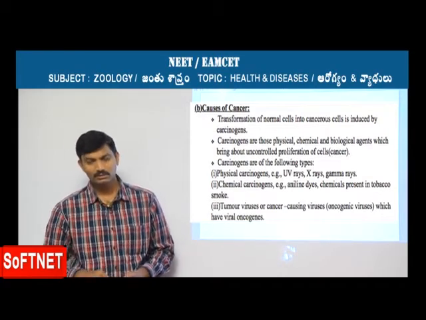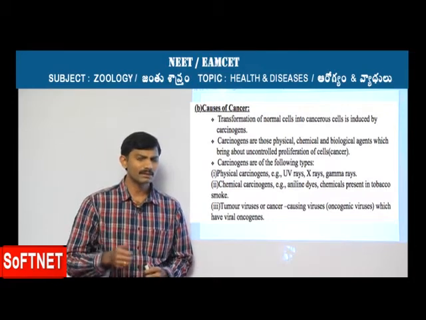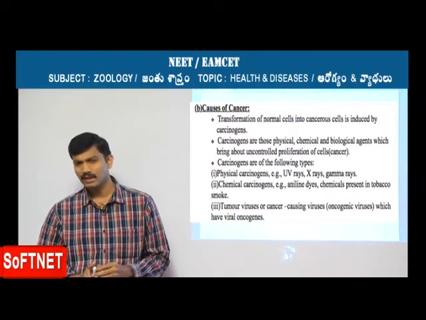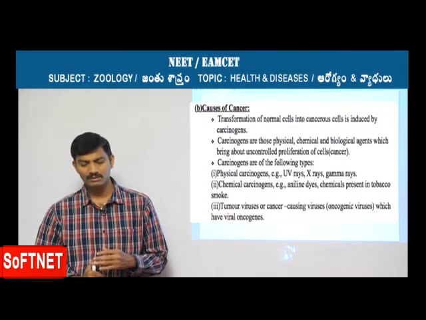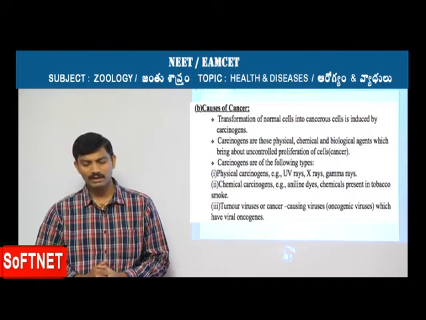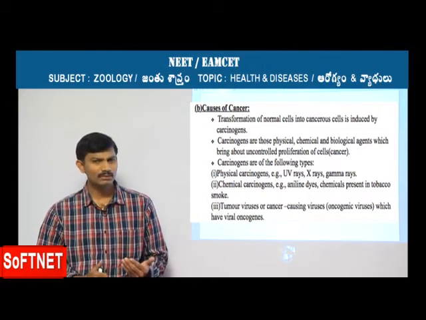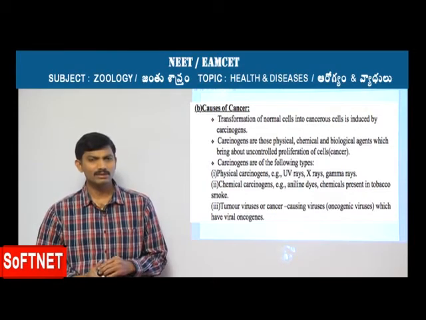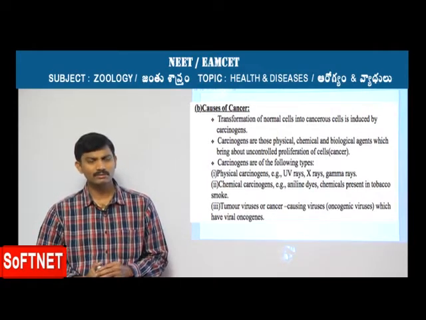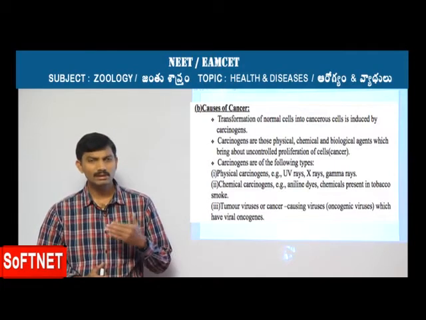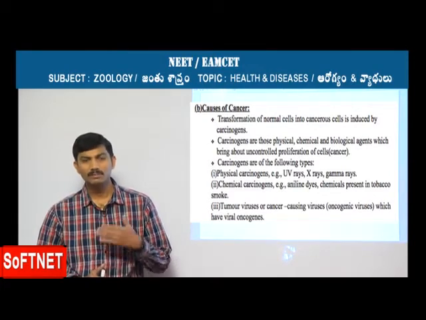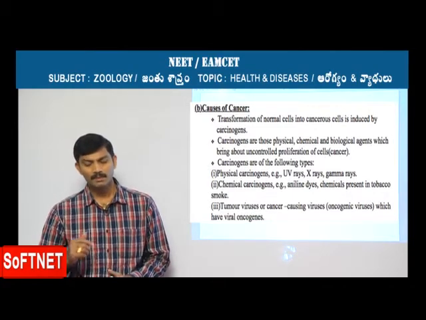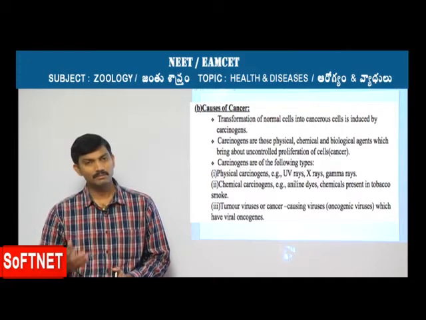That's why the p53 gene is called the guardian angel of the cell's genome, because it guards the integrity of DNA. Whenever the DNA undergoes mutation or gets damaged, p53 stops the cell cycle before crossing the G1 checkpoint, giving the cell a chance to repair the DNA and then continue the cell cycle. Like that, it plays an important role.